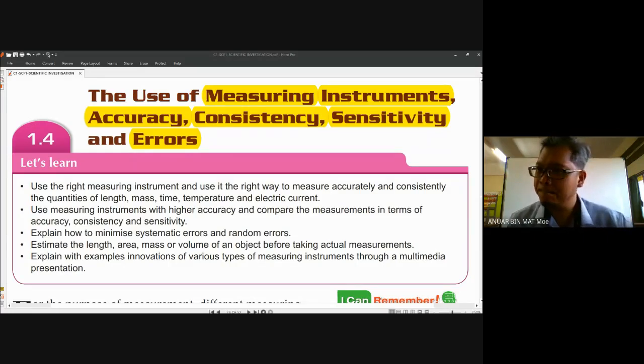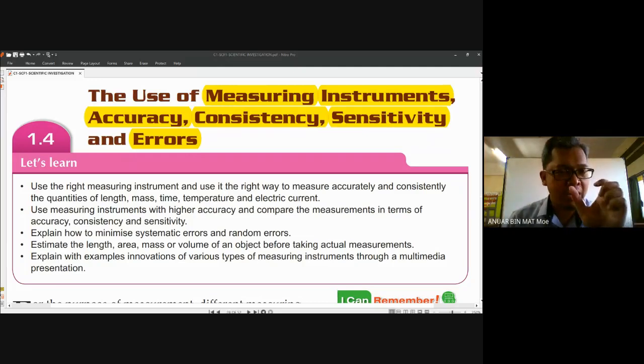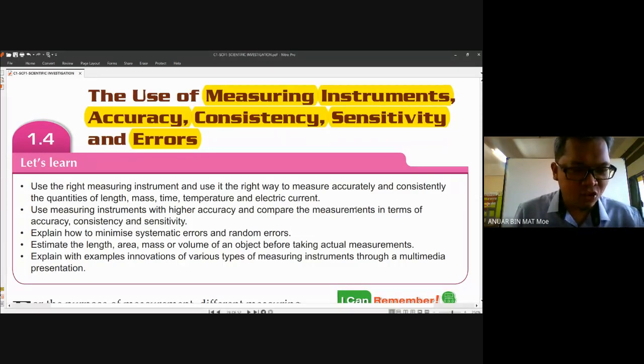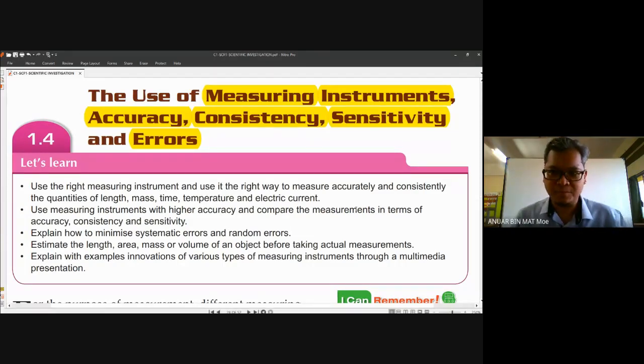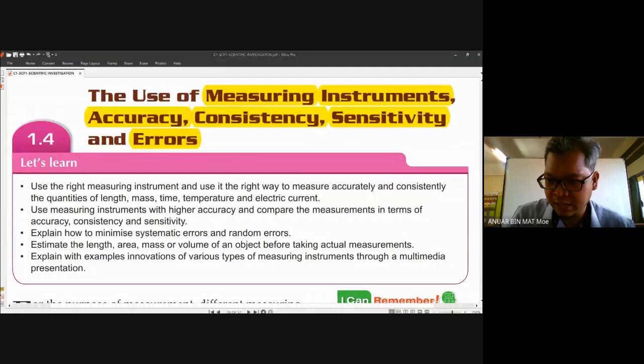Small m. Yes, very good. The SI unit for measuring the length is m. And then what is the measuring instrument? Anybody? For measuring the length? Ruler. Okay, that is the measuring instrument.